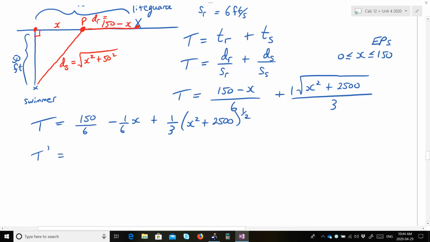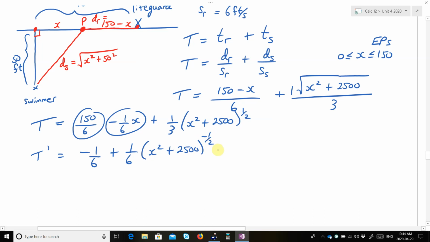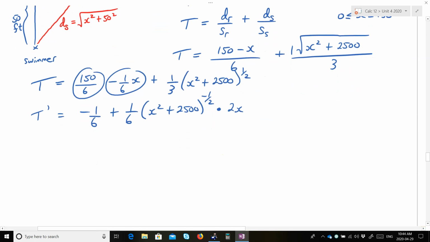The derivative of a constant is 0, so the derivative of that is 0. The derivative of this is negative 1/6. And the derivative of the last part, you'd go 1/2 times 1/3 is 1/6 times x squared plus 2,500, and 1/2 minus 1 is negative 1/2, and then times the derivative of the inside, which is 2x. Okay, we need to set this equal to 0 and solve.